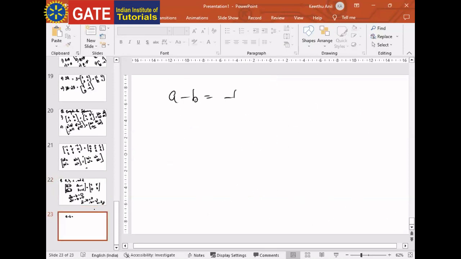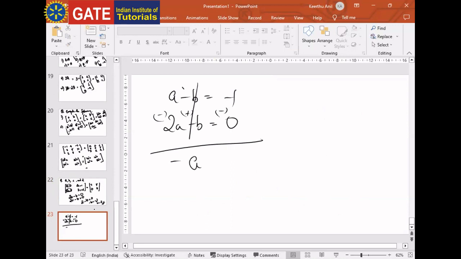Minus 1. Then 2A minus B equals 0. If you go for direct elimination, you will be getting this like subtracting. This will be minus, this will be plus, this will be minus. So it cancels. A minus 2A becomes minus A, equals minus 1. So A will be equal to 1. Substitute A in the other equations, you'll be getting yours.